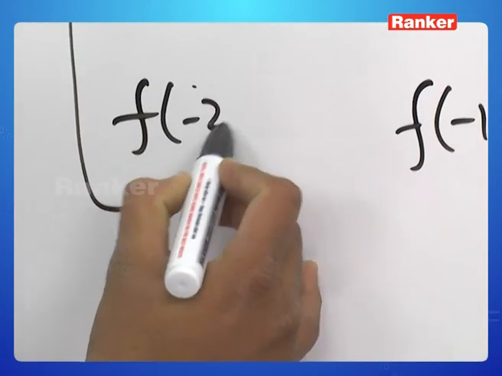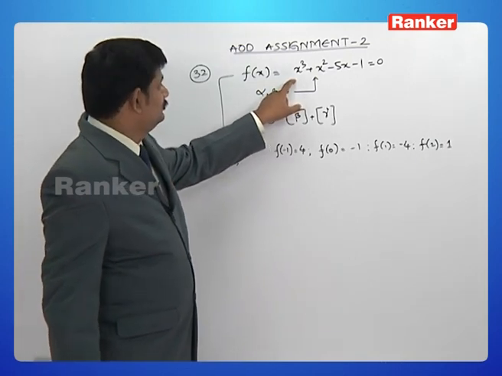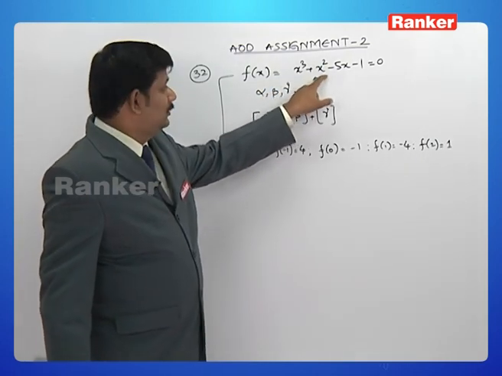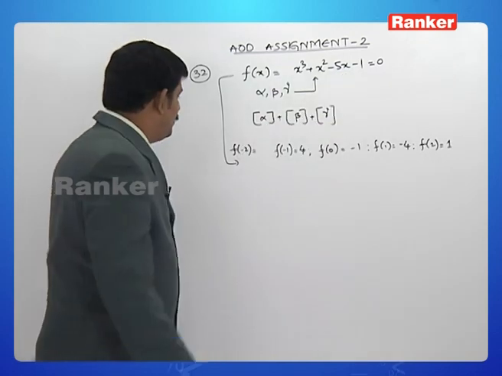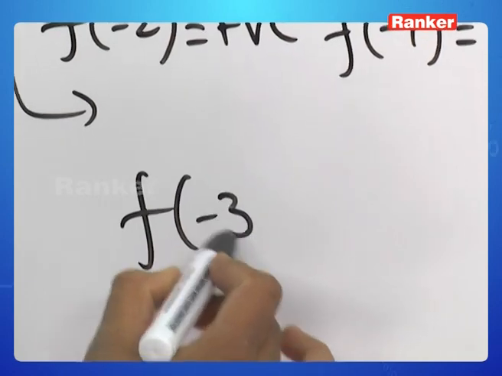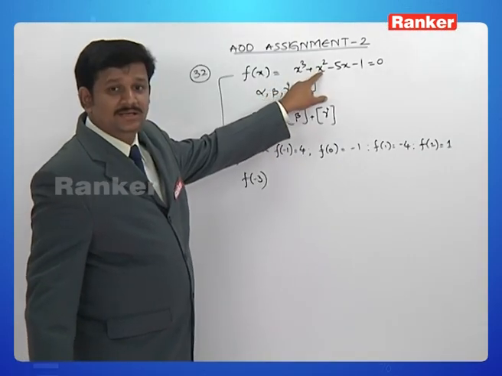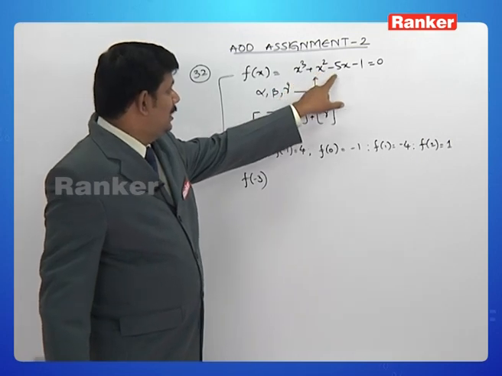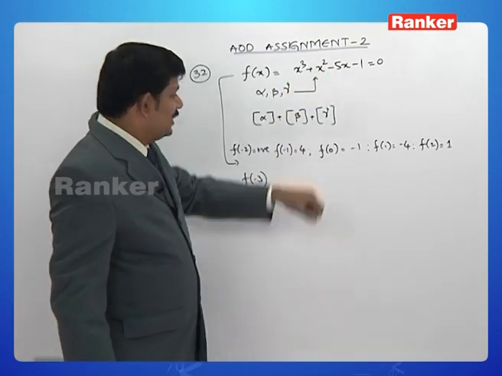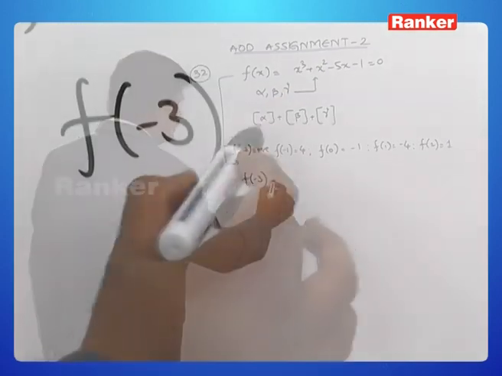f of minus 2 is minus 8 plus 4 plus 10, positive. f of minus 3 is minus 27 plus 9 minus 18, minus 18 plus 15, minus 3, minus 1, negative.